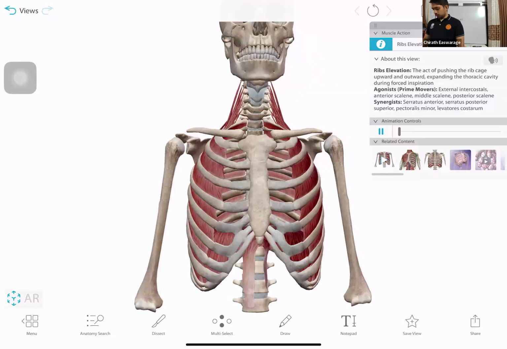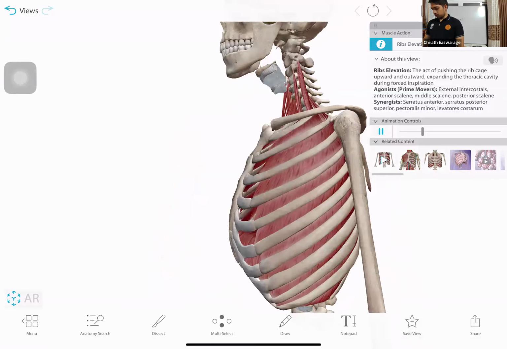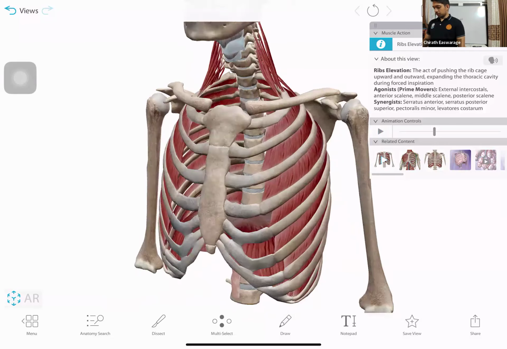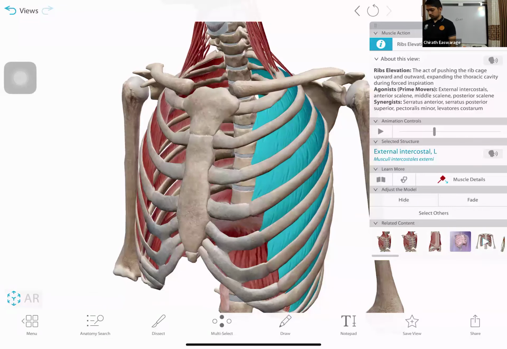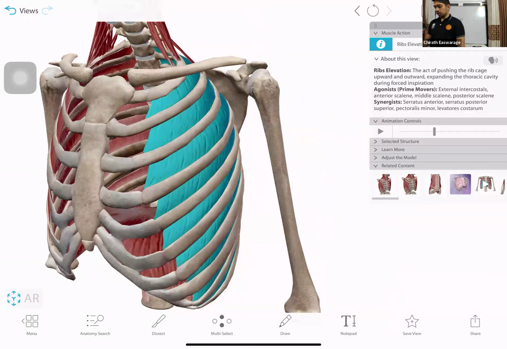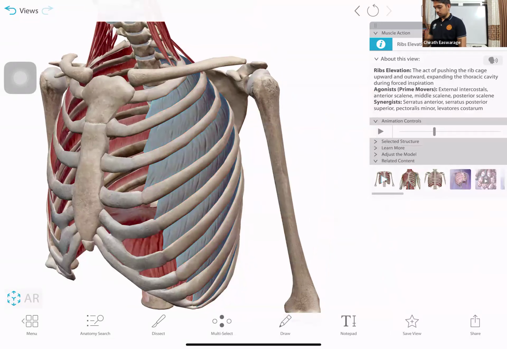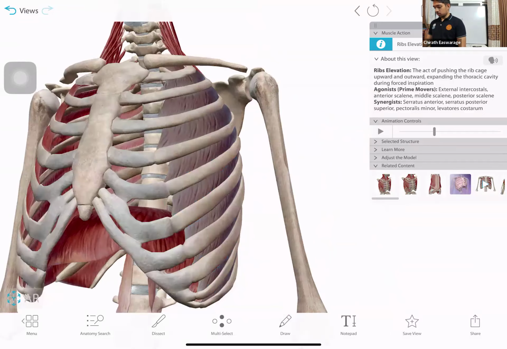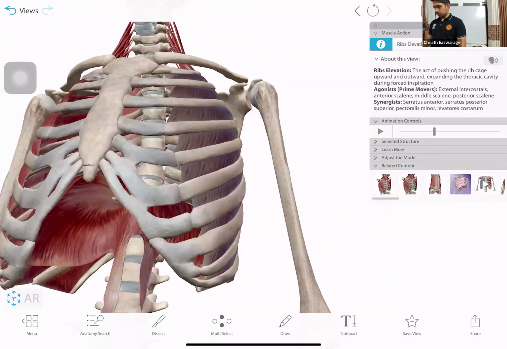We are going to breathe in, and you're going to see it from the side. These are the muscles that you need to do quiet respiration. These are called intercostal muscles, between your ribs. These are your ribs, and in between your ribs, you have these intercostal muscles.